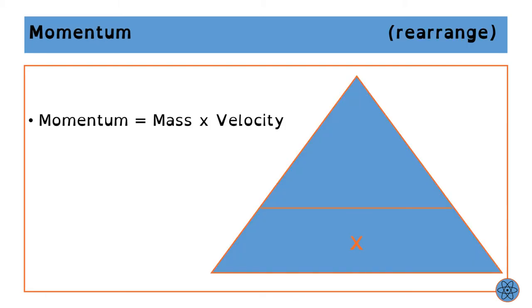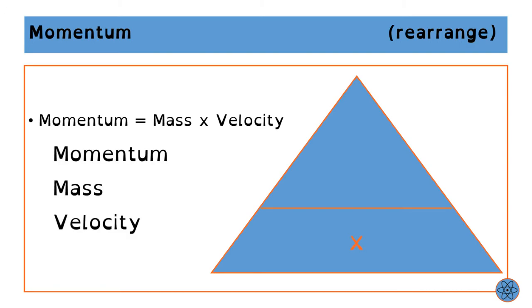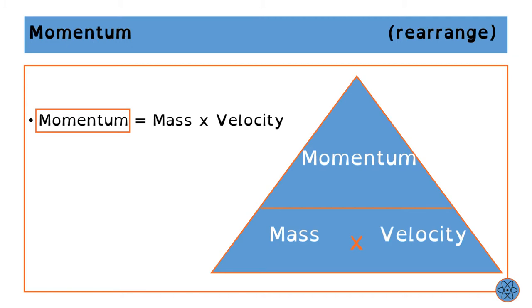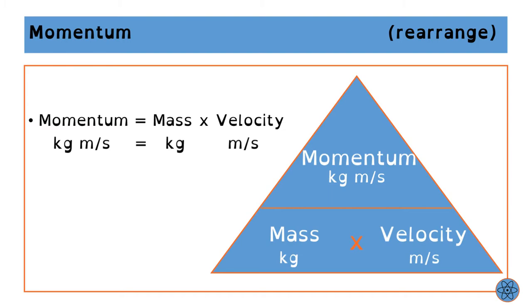So let's look at using a triangle to rearrange the equation. Let's pick out the key things: momentum, mass, and velocity. Mass and velocity are multiplied, so they go next to each other on the bottom row of the triangle, and then momentum goes at the top. Let's think about those units, and now we can add them to our triangle as well. Notice we have kilograms and meters per second multiplied, so that's why the units for momentum are kilogram meters per second.